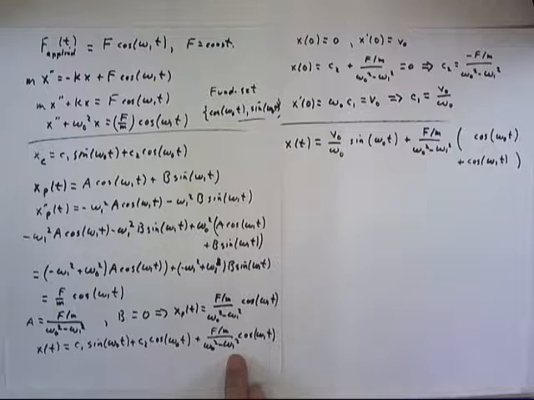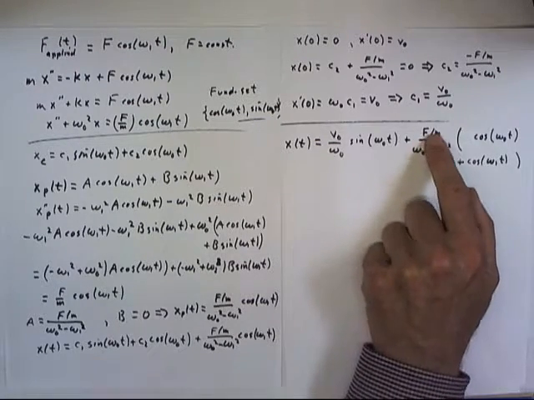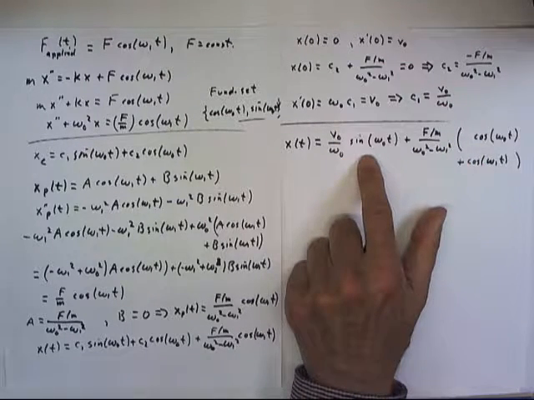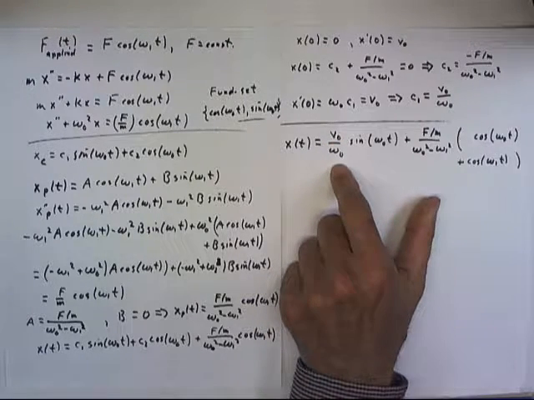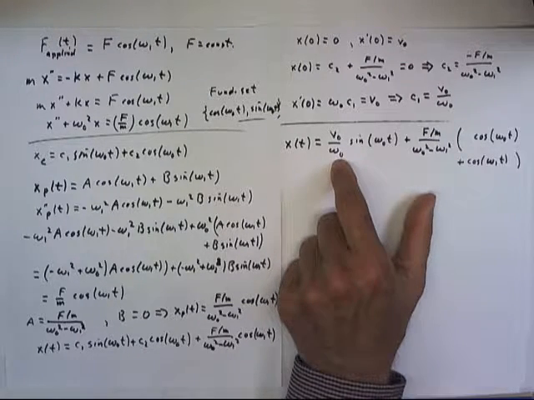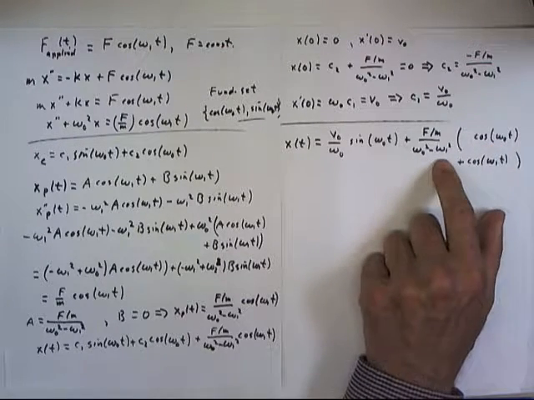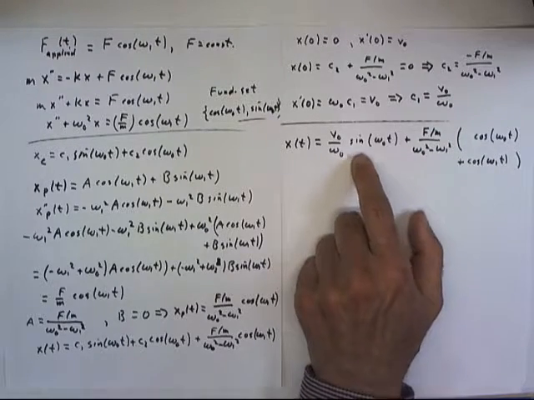Omega naught being close to omega 1 has the same effect on the coefficient of the cosine of omega 1 t, so that when omega naught and omega 1 are close, this term becomes very large, and this term, having the maximum magnitude V naught over omega naught, remains the same no matter how close omega 1 is to omega naught. So that as omega 1 gets close to omega naught, this term becomes much larger while this term isn't affected.